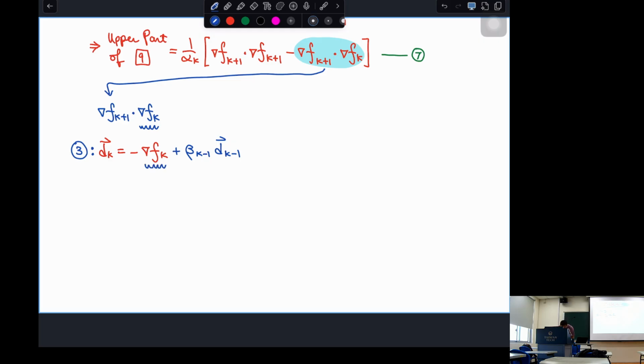So we can rewrite it using negative dk plus beta k minus 1 dk minus 1. Then we open up the terms, and we end up with negative gradient f k plus 1 dot dk plus beta k minus 1 gradient f k plus 1 dot dk minus 1.